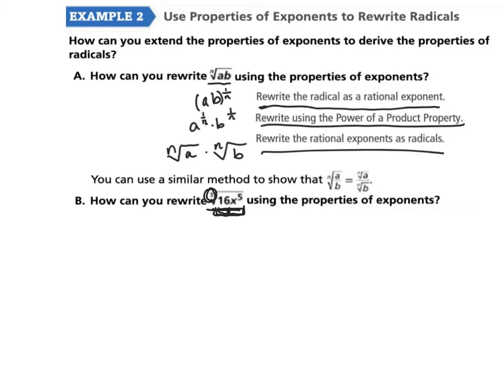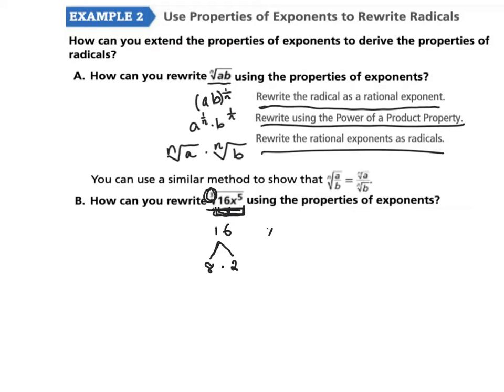So if we look at 16, we want to find out if there's a number that can go into 16 that we can take the cube root of. Well, you should know that you can take the cube root of 8. It is 2, right? So that means we need to break down 16 with 8 and 2.